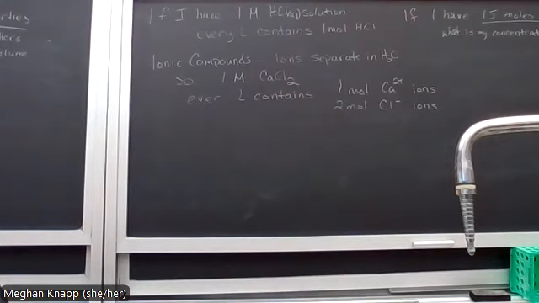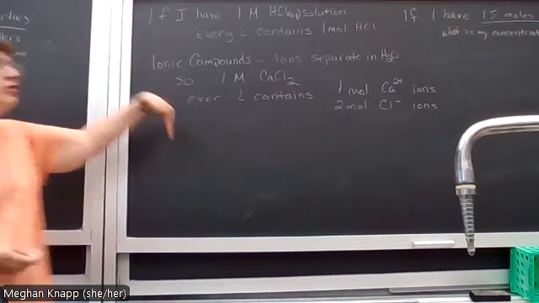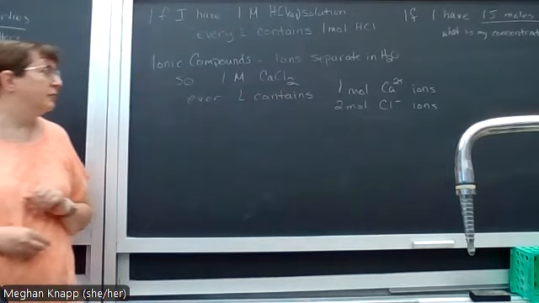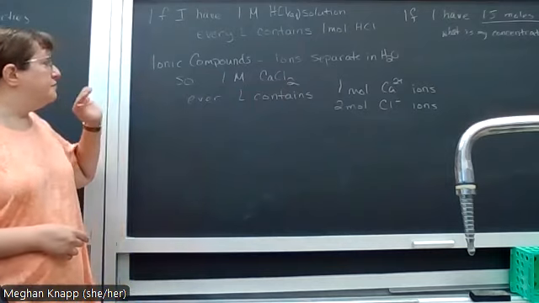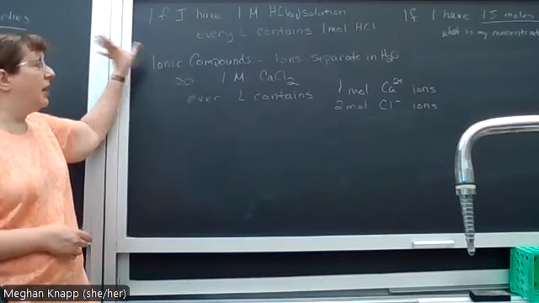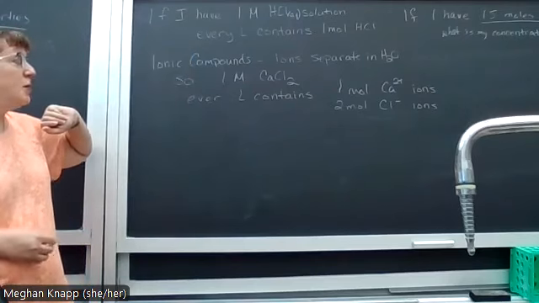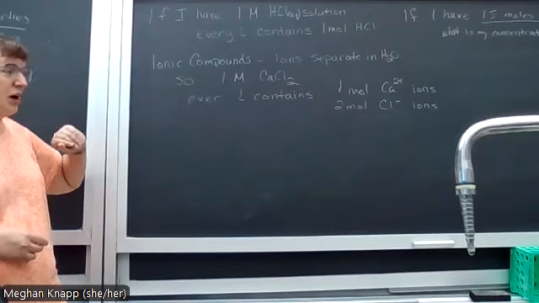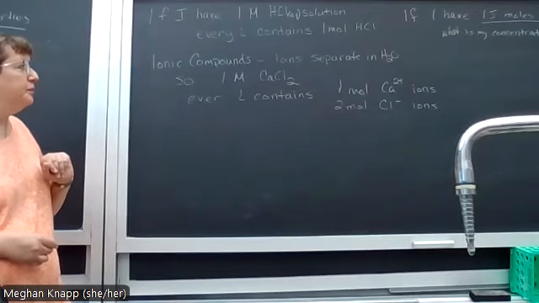And then if I wanted to talk about the ionic strength, how many ions there were, altogether I'd have 3 moles of ions in that solution. Okay, so that's just a side note about ionic compounds. We're not going to worry about that too much right now. I'll just mention it when we go through calculations that involve ionic things again.